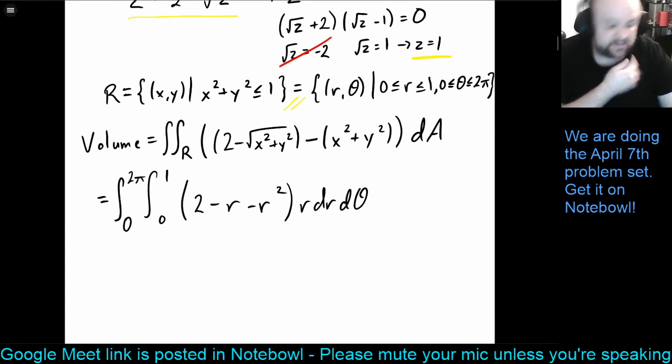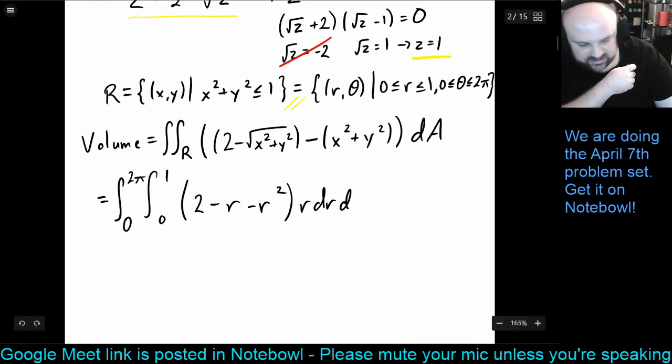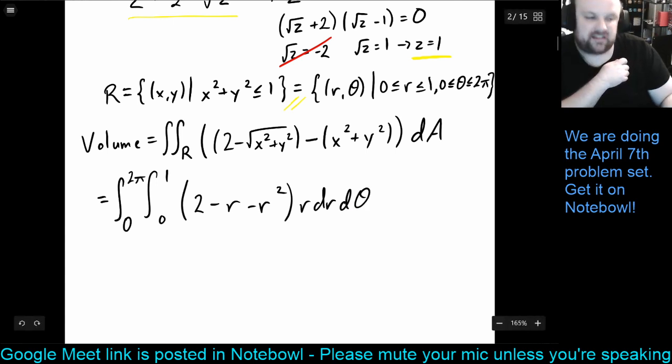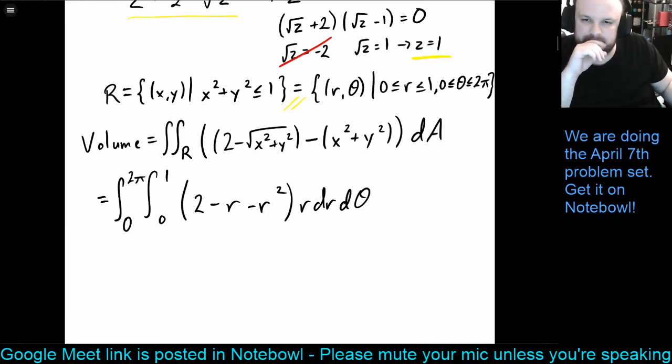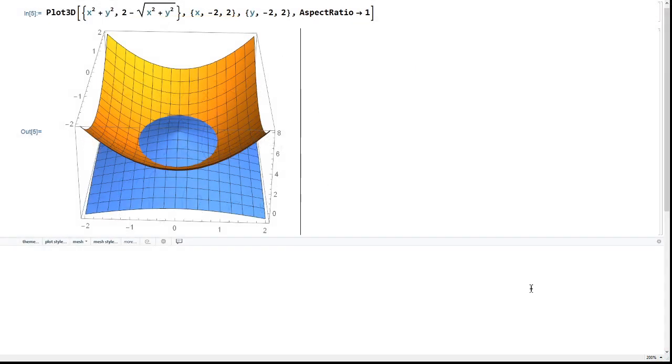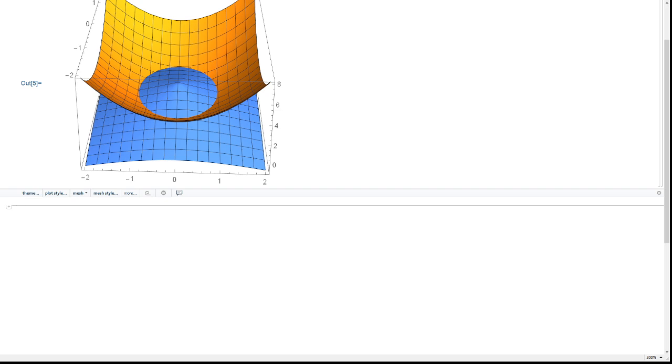Right? So at this point, the integral isn't very interesting to do. So let's just pop that into Mathematica and compute it real quick. All right. So we're going to integrate 2 minus r squared times r.